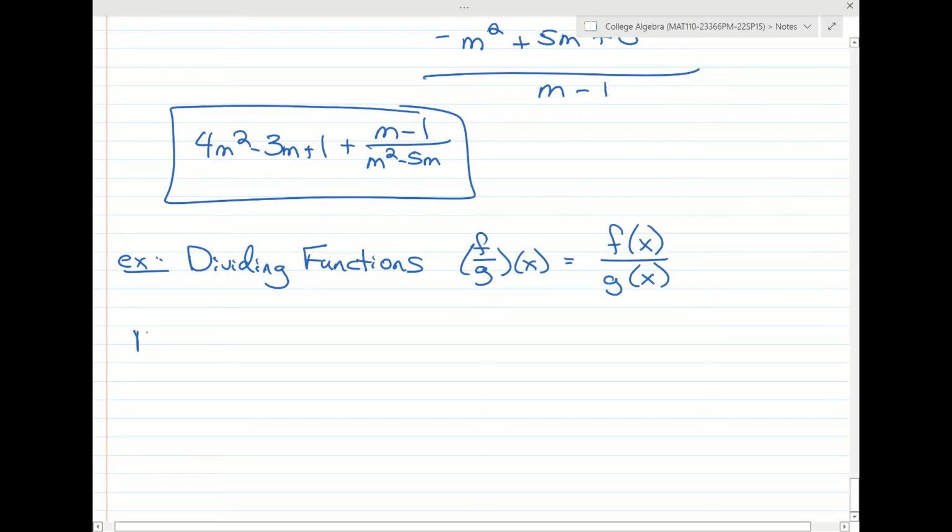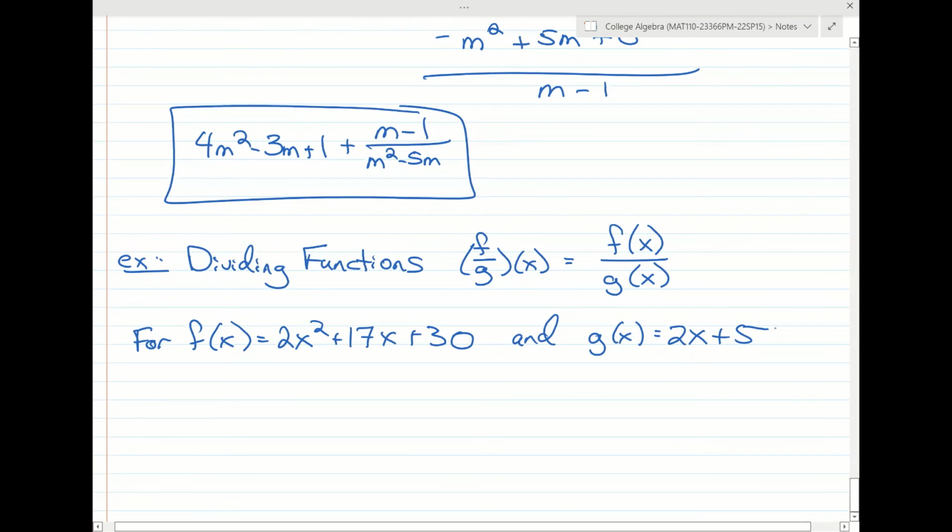So let's say f of x is equal to 2x squared plus 17x plus 30, and g of x equals 2x plus 5. Let's find f over g of x, and this will be the first part.